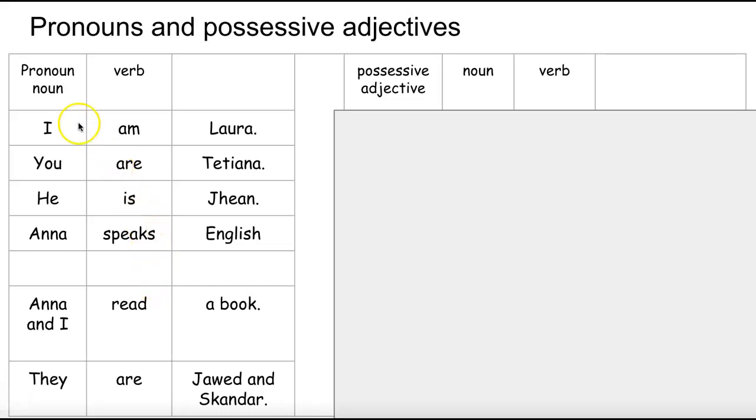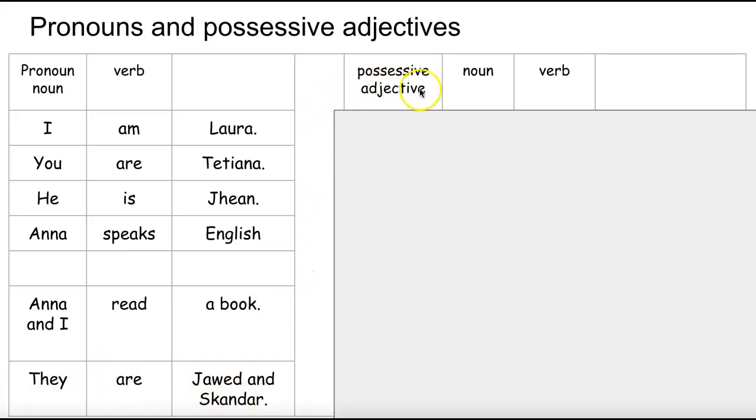So let's look at these sentences. I am Laura. You are Tatiana. He is Jean. Anna speaks English. Anna and I read a book. They are Jawed and Skandar.